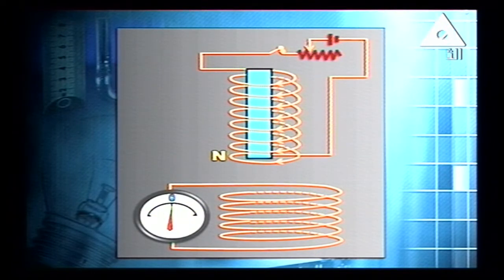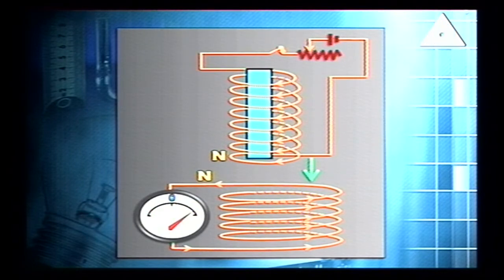And we've got a secondary circuit which consists of a coil of many turns, but wider coil, connected to a center zero galvanometer. We'll talk about the various methods to obtain induced current by mutual induction. We'll take them one by one.